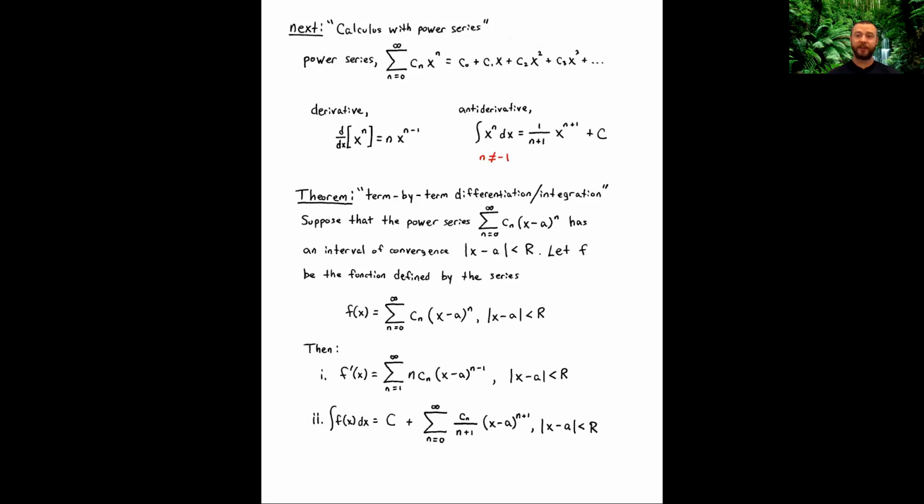Since our power series is an infinite polynomial, a sum of an infinite number of powers of x, we can calculate derivatives just by differentiating each term. We can calculate antiderivatives by integrating each term of that power series. Now, that is just the basic or intuitive idea of this theorem.